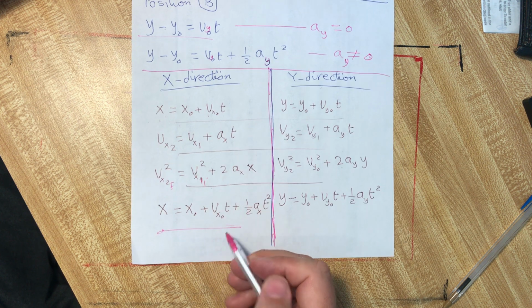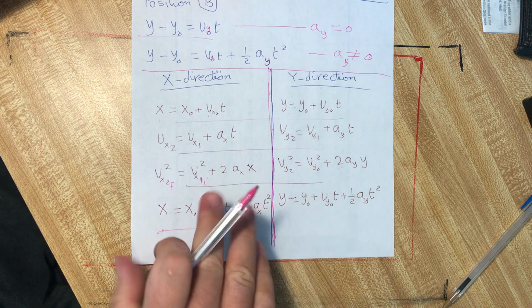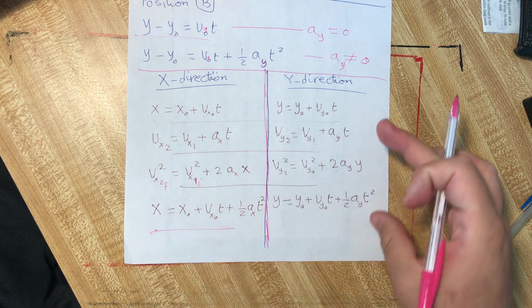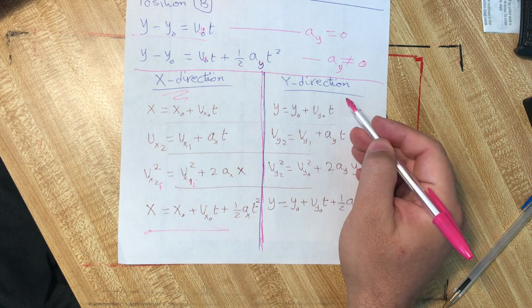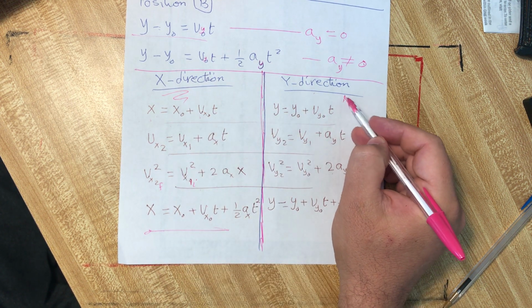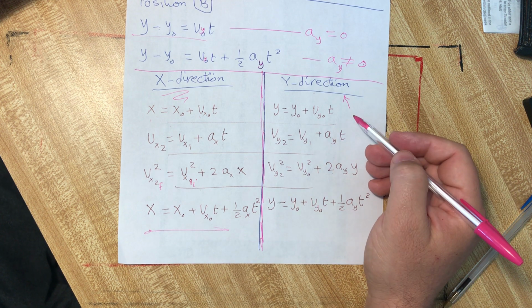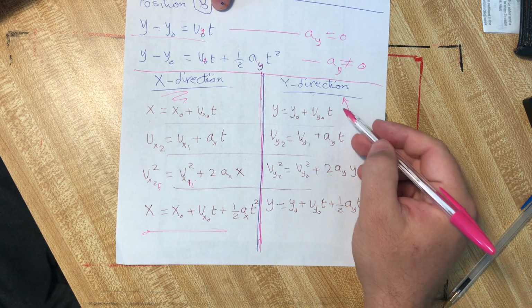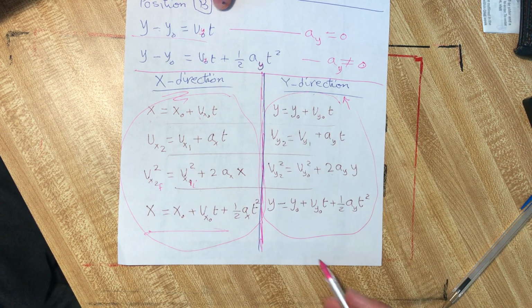It is the same. We use just the equations of motion, but we use them once in x direction and another time in y direction. We will see through examples when we use each of these equations.